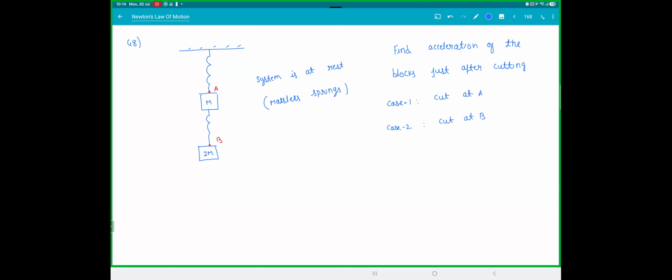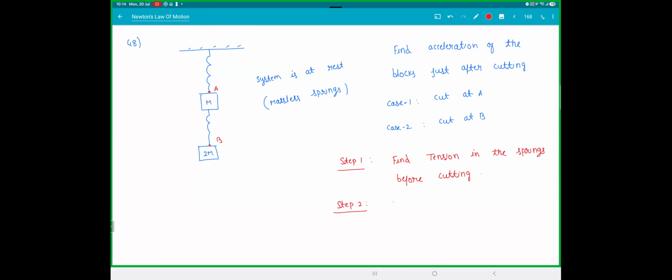How do we handle this? So listen to the steps. Step 1, find the tension in the springs. Step 2, the springs which are cut, the tension becomes 0.